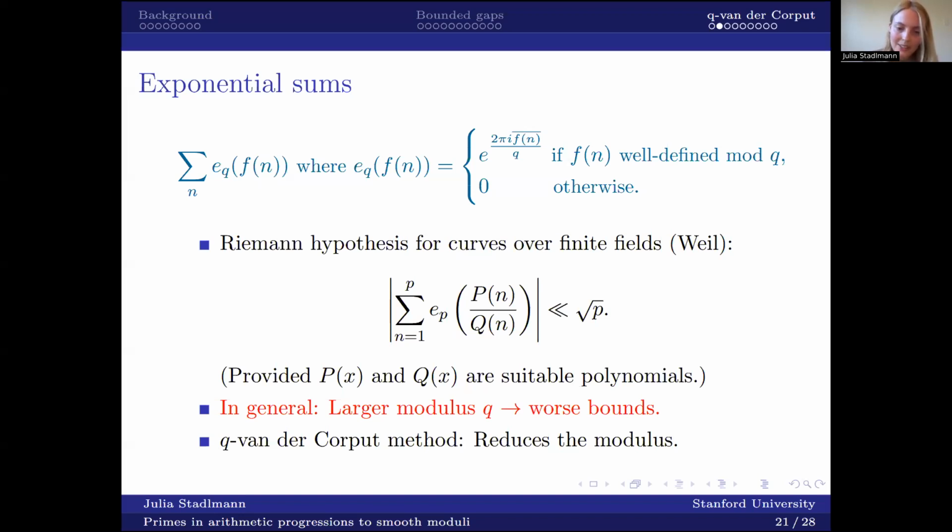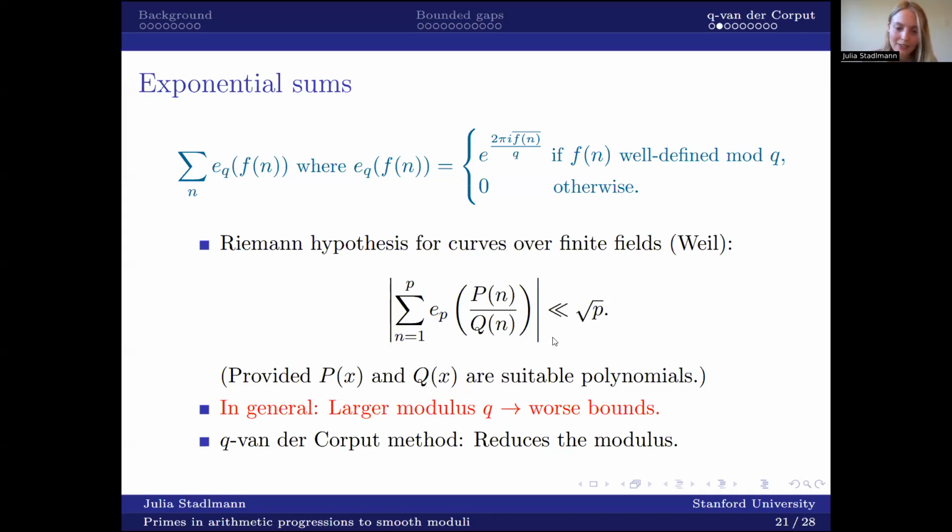The reason I mention this result is that it highlights one typical property of bounds on exponential sums: the upper bound gets worse the larger the modulus p is. So smaller moduli give better upper bounds.